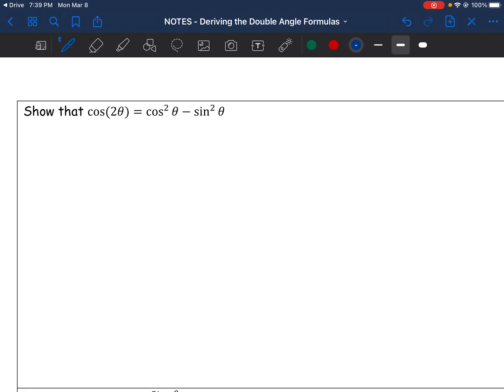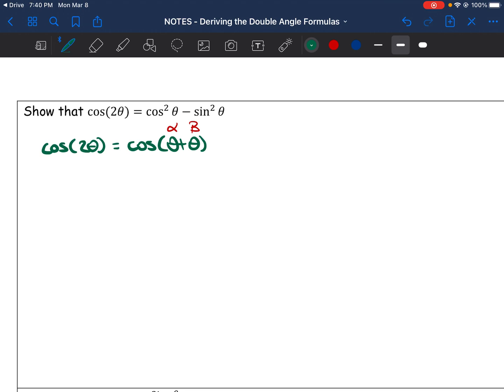All right, so the next result that we want to prove is that the cosine of 2 theta is equal to cosine squared of theta minus sine squared of theta. Again, let's start with cosine of 2 theta. And let's rewrite cosine of 2 theta as cosine of theta plus theta. So again, we're rewriting as a sum of angles. Both angles, alpha and beta, are both theta.